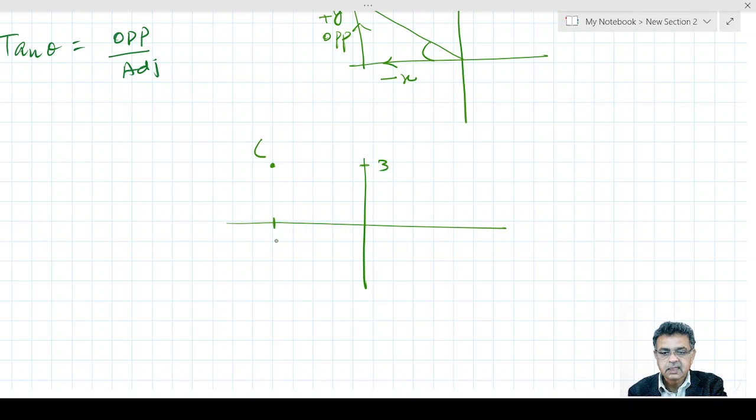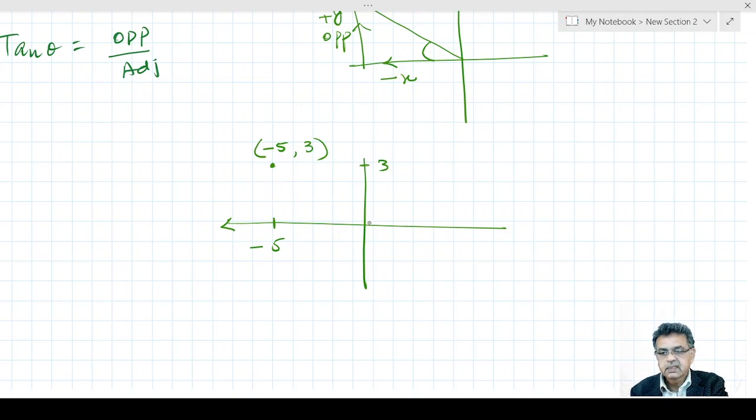Should it be positive or negative? Obviously this is towards left, so this must be negative. So this point is -5 and 3. That means x coordinate is negative and y is positive. So always in the second quadrant x will be negative and y will be positive.